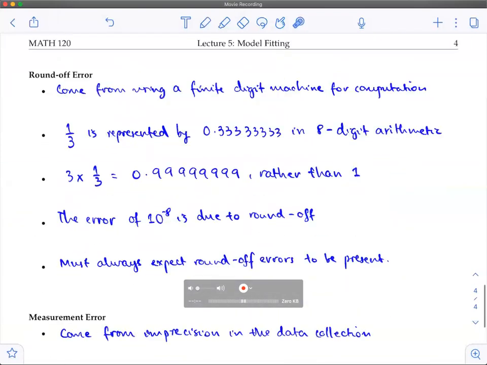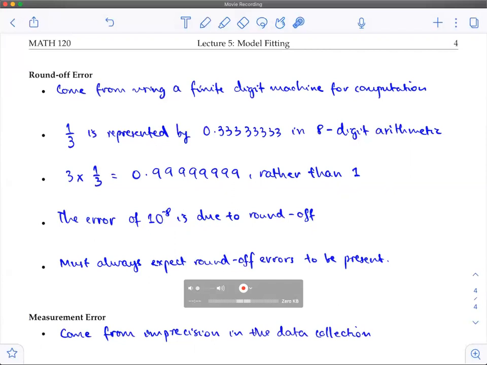The third error is called the round-off error, right? It actually comes from using a finite-digit machine for computations. For example, you have 1/3, a rational number, and it's represented by the decimal number 0.333, and so on and so forth, in 8-digit arithmetic. Now, if you use your phone to do some calculations and put in 1/3, it might give you a decimal number with a certain number of digits.